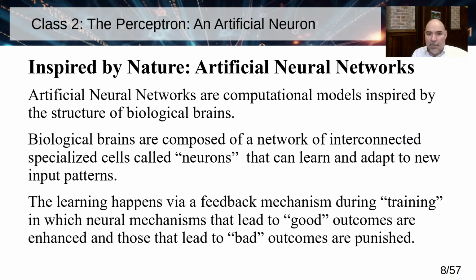So over time and over training, the system is going to self-adjust and self-optimize to do things that, because of that feedback mechanism, maximize the reward and minimize the punishment. And we end up now training these systems to do things.